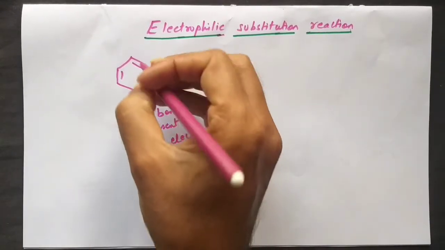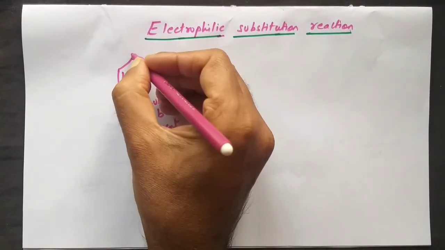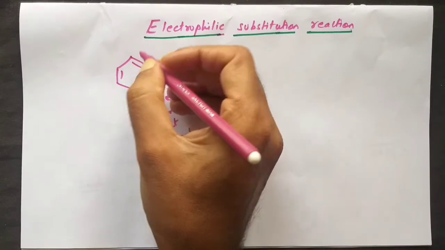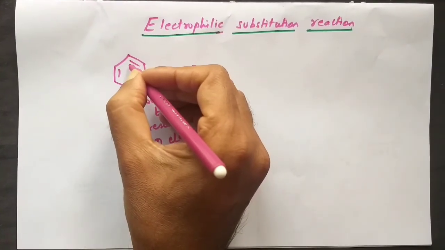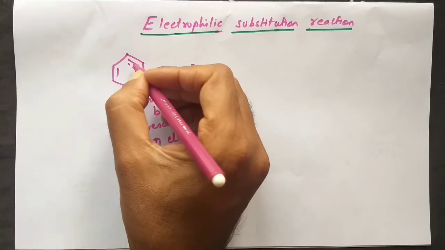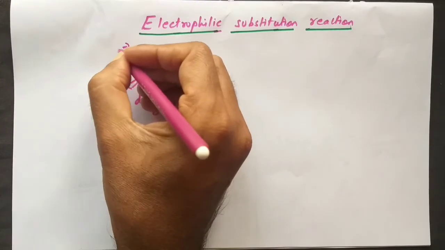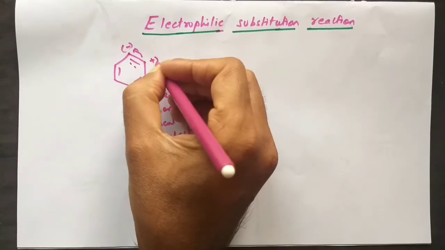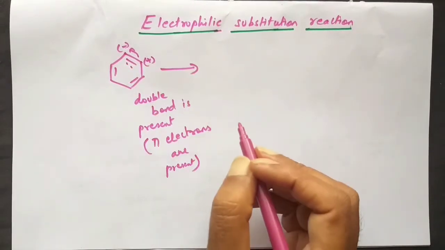Whenever you have the pi bond, the two electrons will move to this carbon, making it negative and making this one positive. If this is the sigma bond, this is the pi bond, with two electrons between this carbon and this carbon. When both electrons move to this carbon, this may be negative and this may be positive, so that the electrophile can come and attack here.